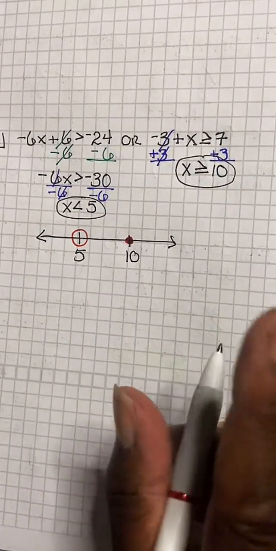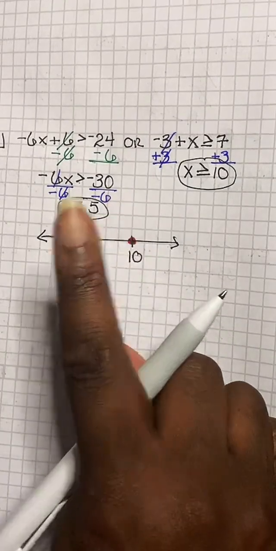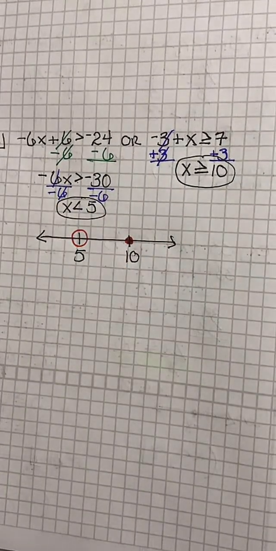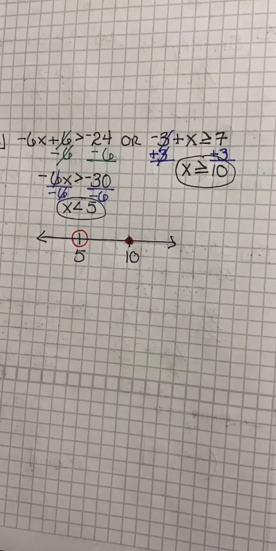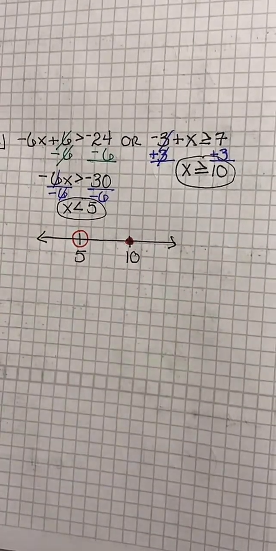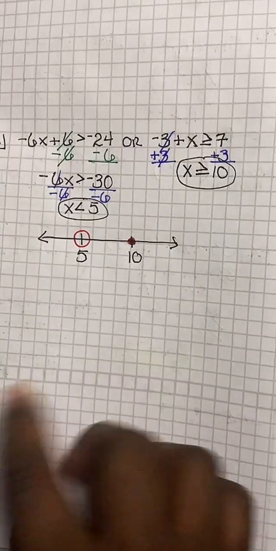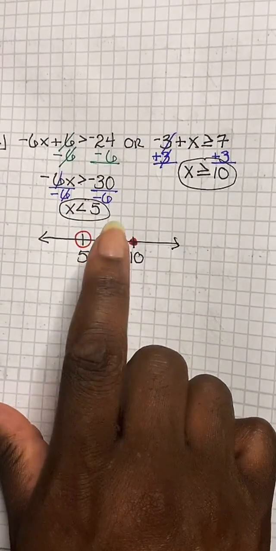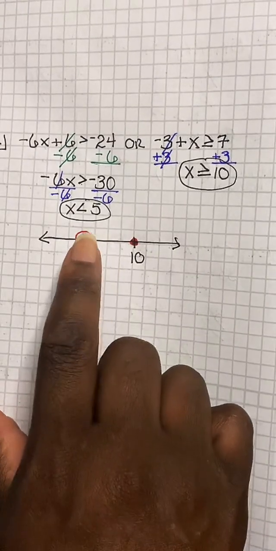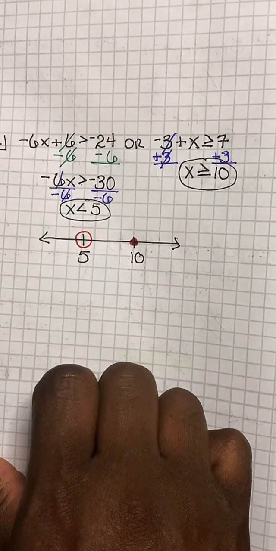Now, let's not assume we could shade right in the middle. This is not an and statement. Now we have to look at the direction of everything.